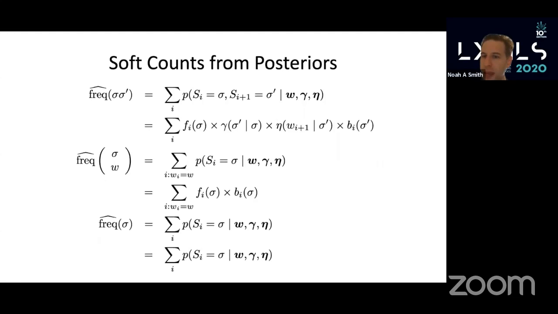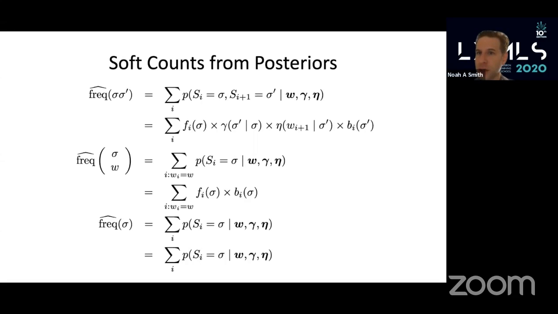Here's the math showing you how you can calculate these soft frequencies by using the forward and backward quantities. This is really just a review of what you saw earlier in the lecture, and I would not have expected, given the speed at which we're going, that you would be able to reconstruct these from memory.